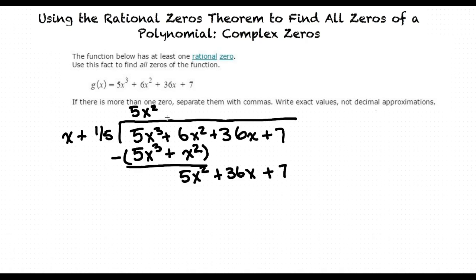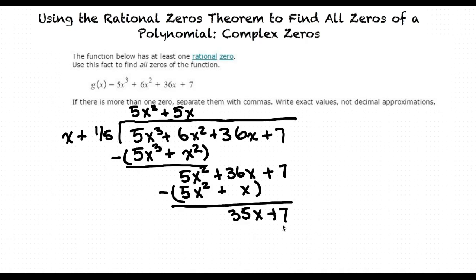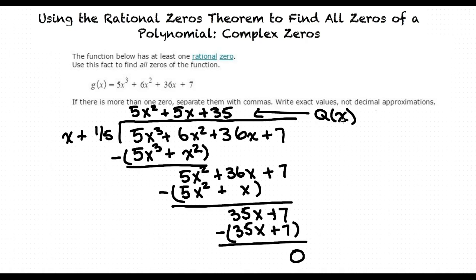Our second term of q of x is going to be 5x, since 5x times x is equal to 5x squared. Our final term of q of x is going to be plus 35, since 35 times x is 35x, and 35 times 1/5 is positive 7. If we subtract again, we get 0. So, q of x is equal to 5x squared plus 5x plus 35.